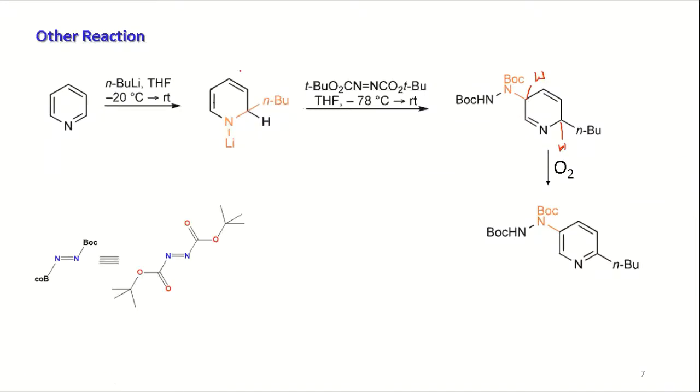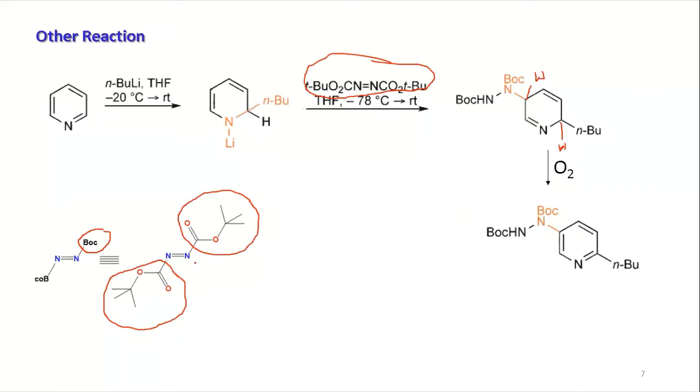Now what is this one? Structure wise, we can call this the Boc protection of nitrogen. This is the functional group you have here, which we call Boc. Now if you use this, what is happening is that here you have the negative charge on nitrogen.